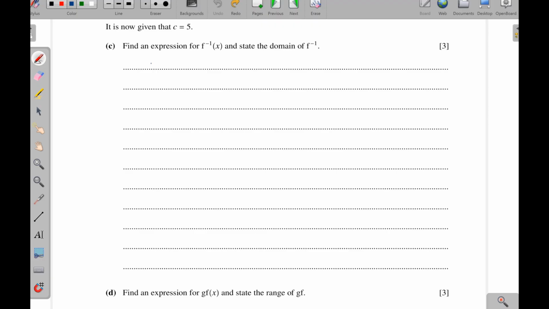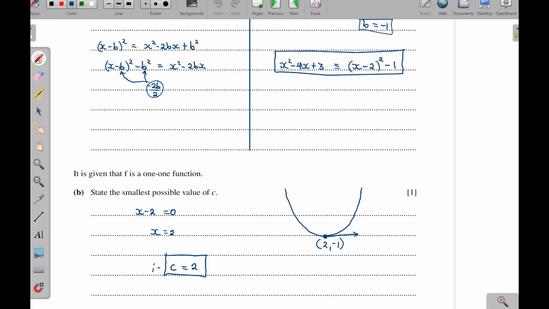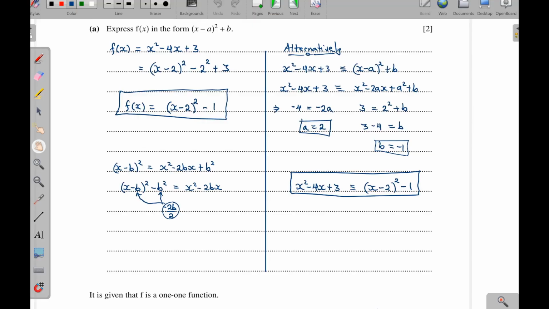Now, suppose I let my f inverse be equal to y. Take the f this side. That means I will have x is equal to f of y. That is the same thing as interchanging x and y. Okay, what is our f of x? Our f of x is actually this one here. So where there is x, I'm going to replace it with a y.